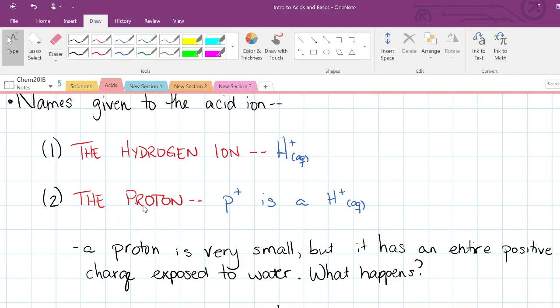The thing with your proton is that if you think about just one single proton in the middle of the nucleus, a proton is very, very small. And it has the positive charge that is exposed to water. So what happens?